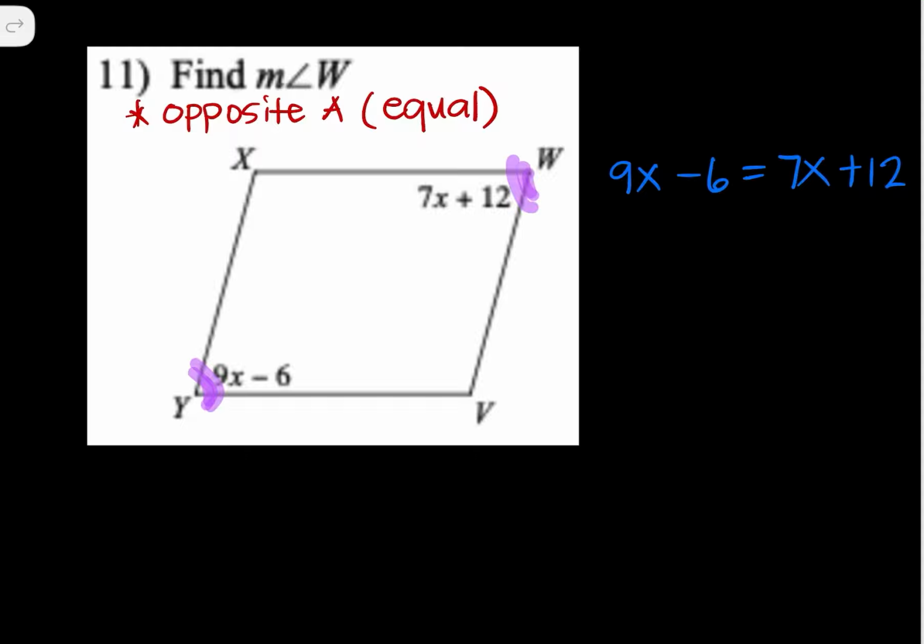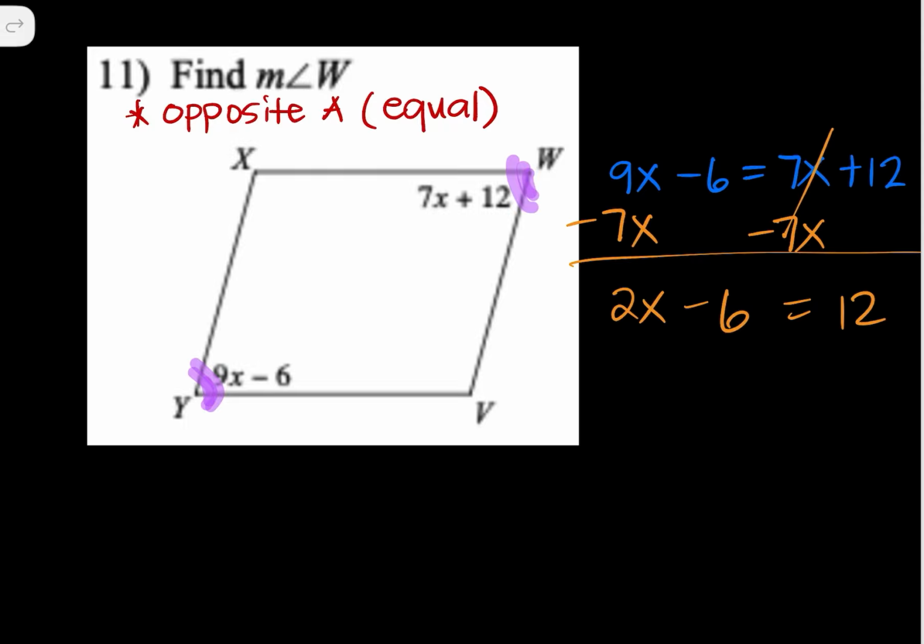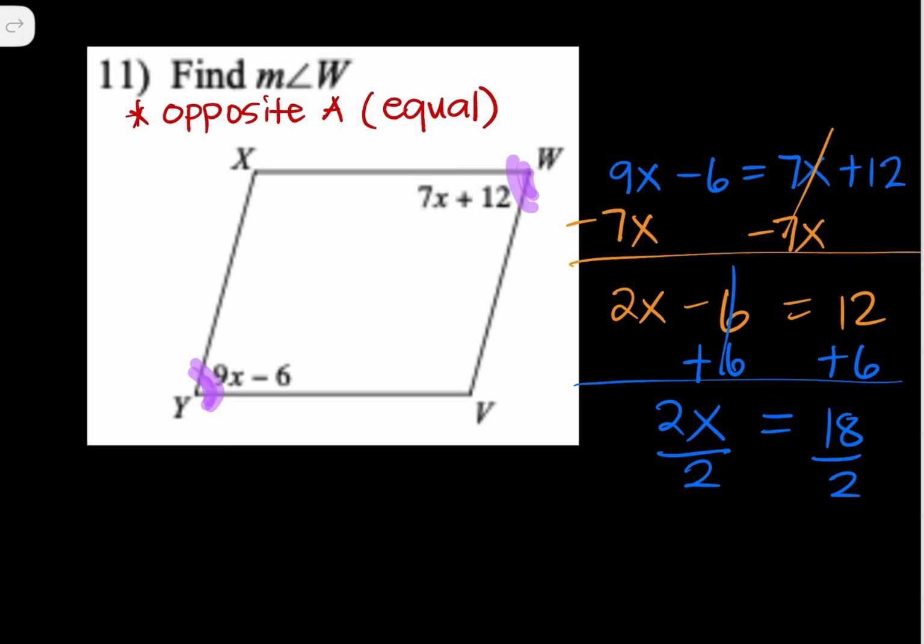Let's go ahead and isolate x. I am going to do the inverse of negative 6. That would be positive, leaving me with 2x equals 18. Therefore, x is equal to 9.